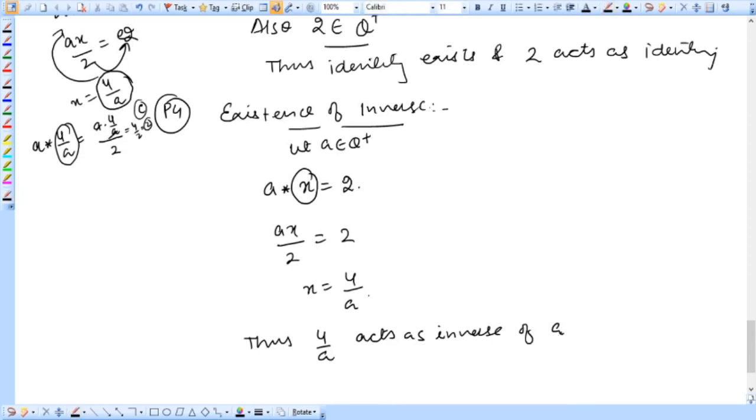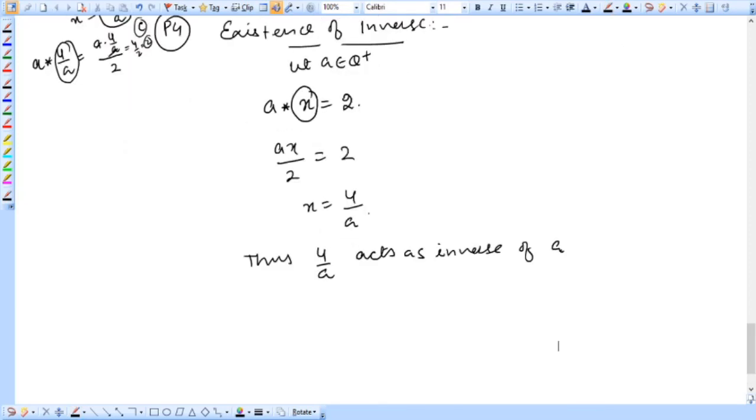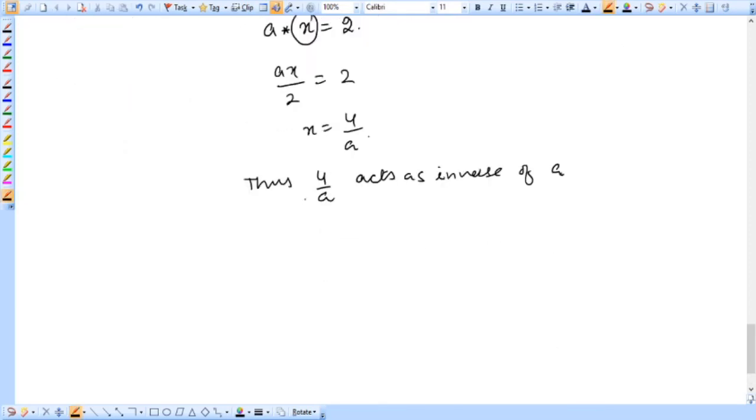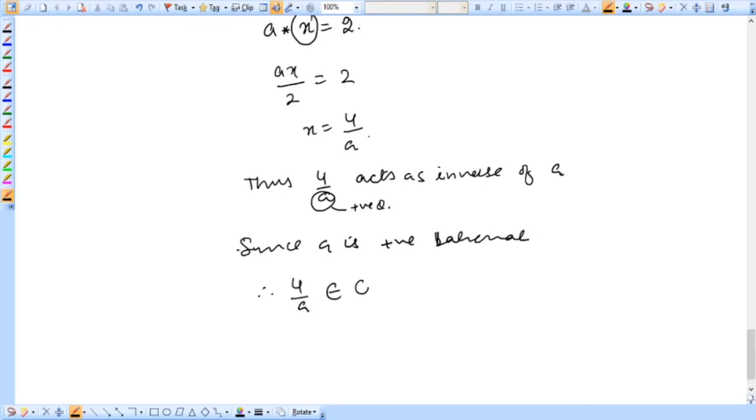Also see, this is a positive rational number. Therefore since a is a positive rational number, 4 upon a must be a positive rational number.